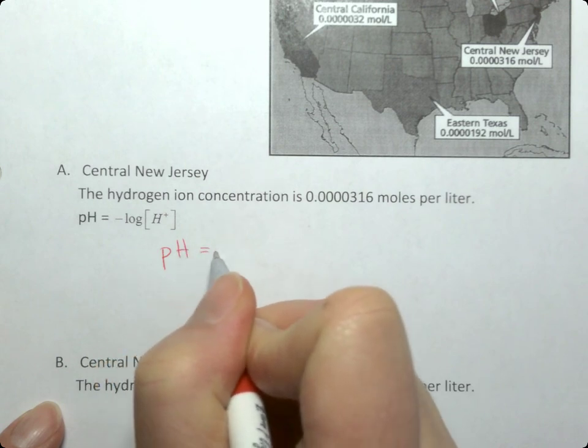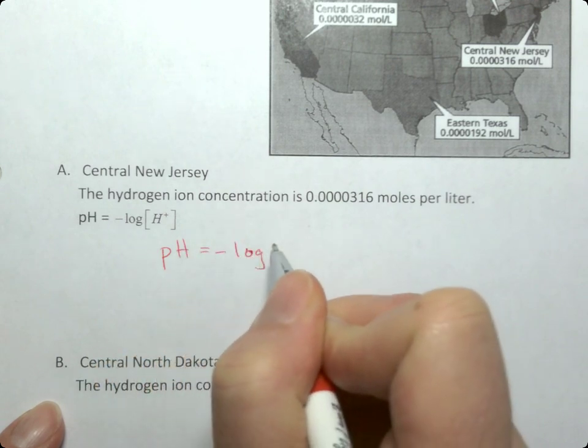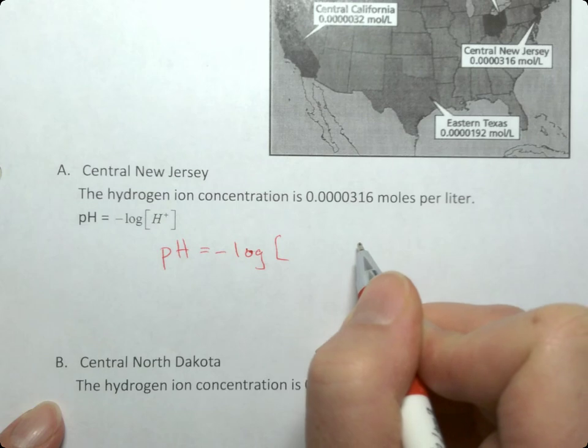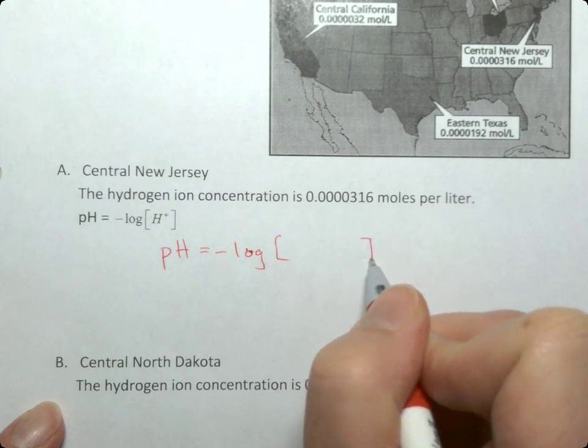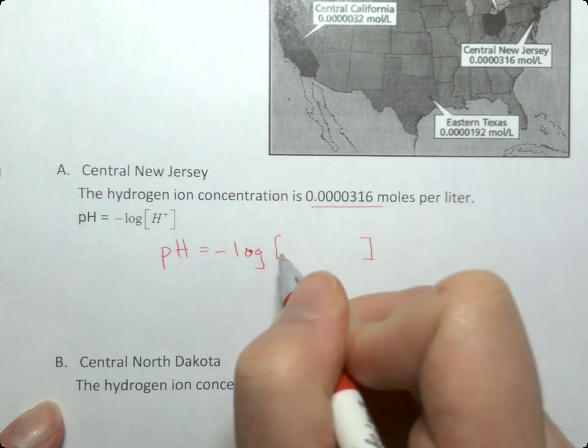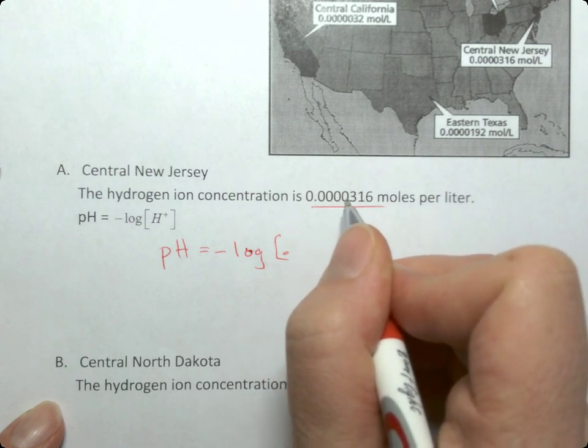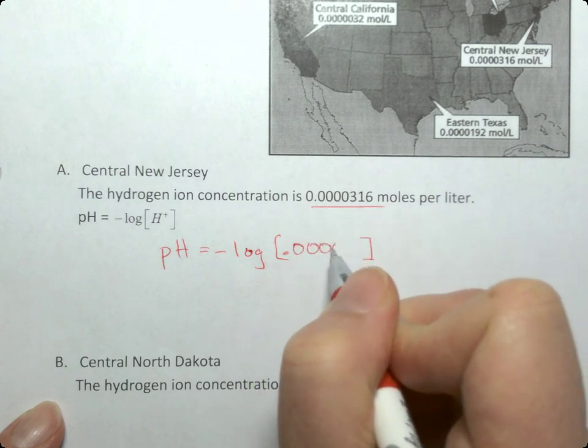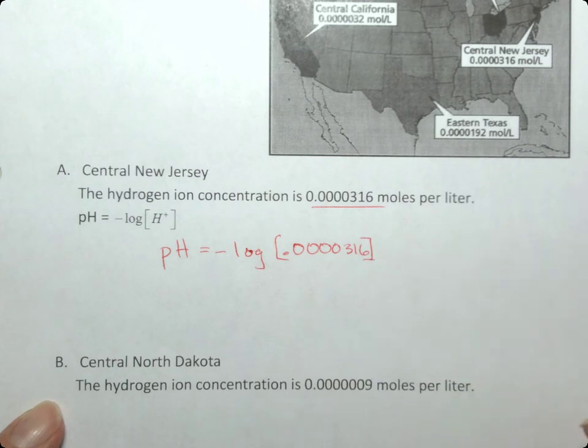So what is the pH level? It's going to be negative log, and then what is the hydrogen ion concentration? Right here. How many zeros? 1, 2, 3, 4. 316 moles per liter.